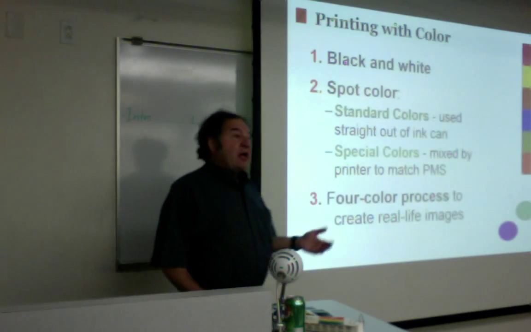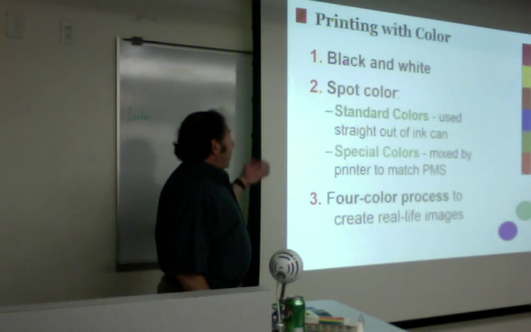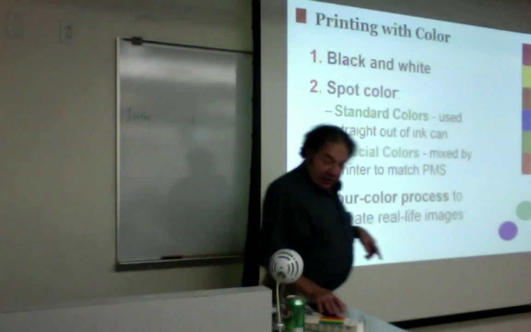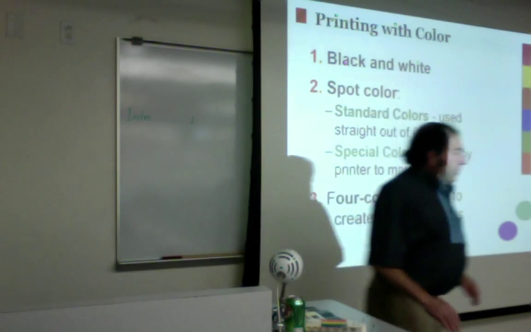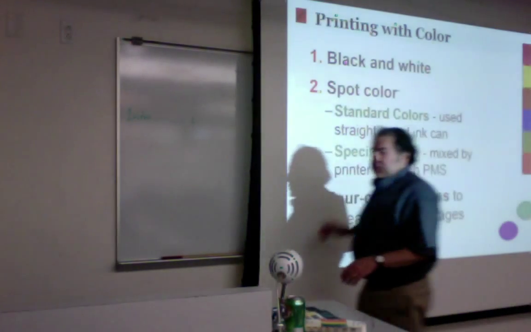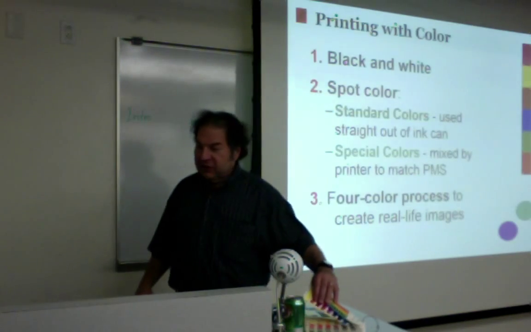But if you can add a second color, a spot color, it can be a standard color, one of those that comes right out of the pot. And here's an example of a set of colors from UW Health Services. These are the cans of paint that they have sitting there waiting for you. All right? And then there are specialty colors that you can mix up following the recipes that are in here.